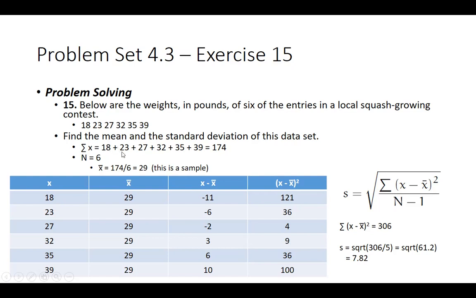So 18 plus 23 plus 27 plus 32 plus 35 plus 39 is 174. We have 1, 2, 3, 4, 5, 6. So we're dividing by 6. And 174 divided by 6 is 29. Again, since this is a sample, we're using Xbar.